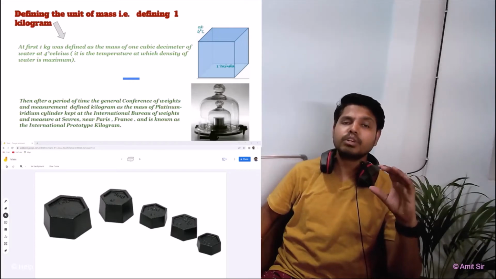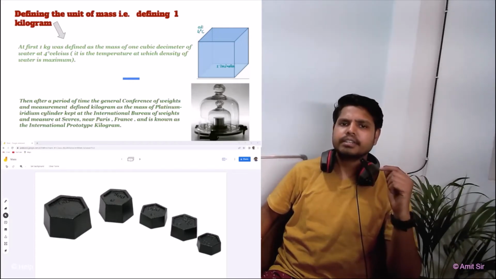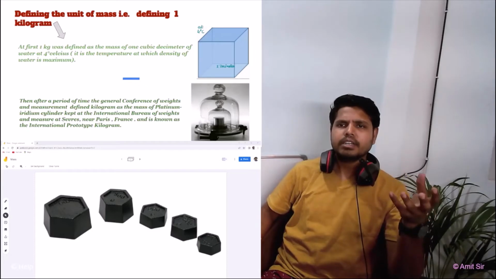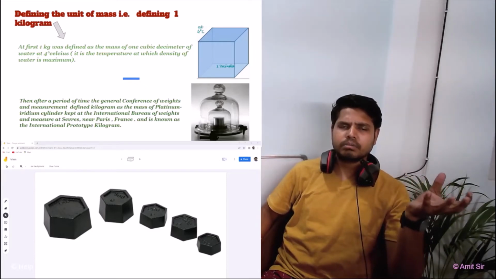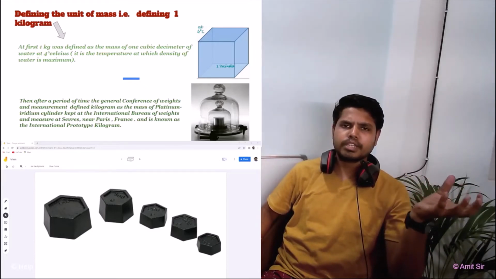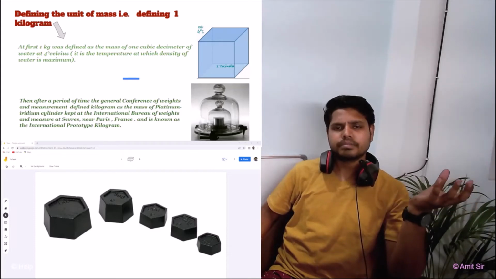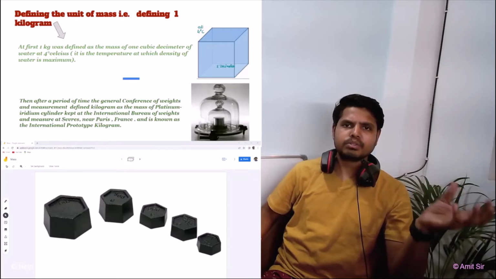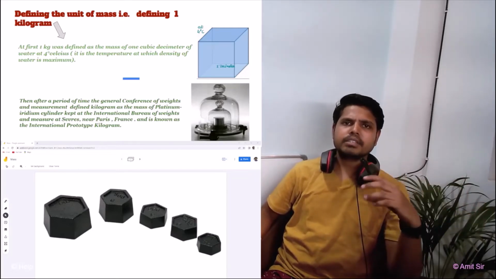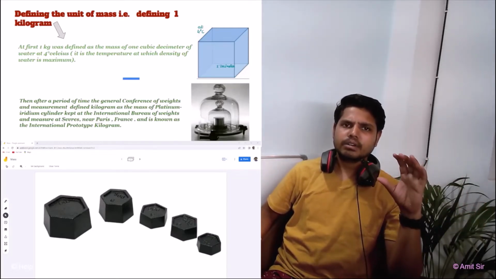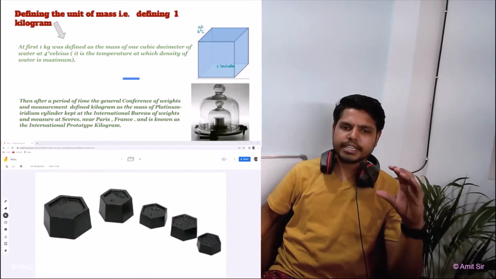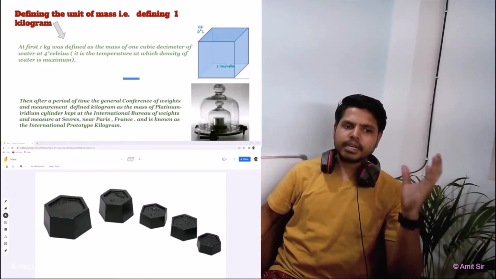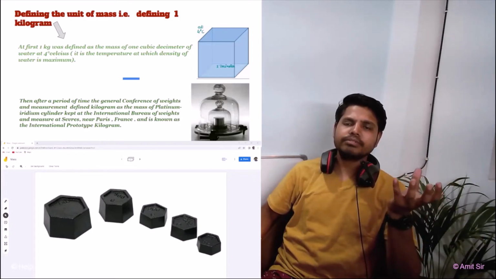It was equal to the mass of the water contained by a 1 decimeter cube at 4 degrees centigrade. So the mass was the same, but the sample was created with a solid material, platinum and iridium, in the form of a cylinder.